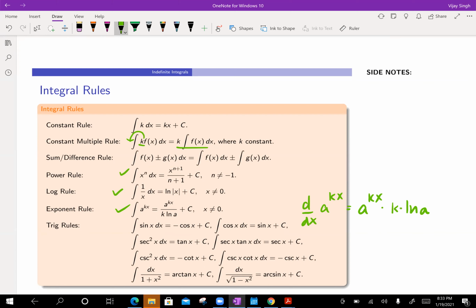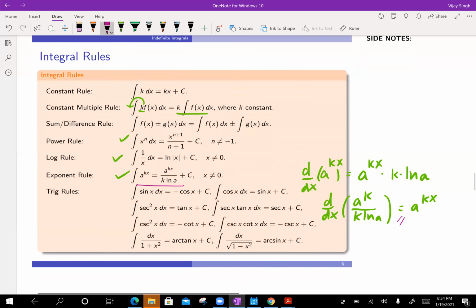Sorry, not plus c, we're taking the derivative. So if we divide both sides by k ln a, we get a to the kx. Therefore, the derivative of this is equal to a to the power kx, and hence the antiderivative is going to be this.